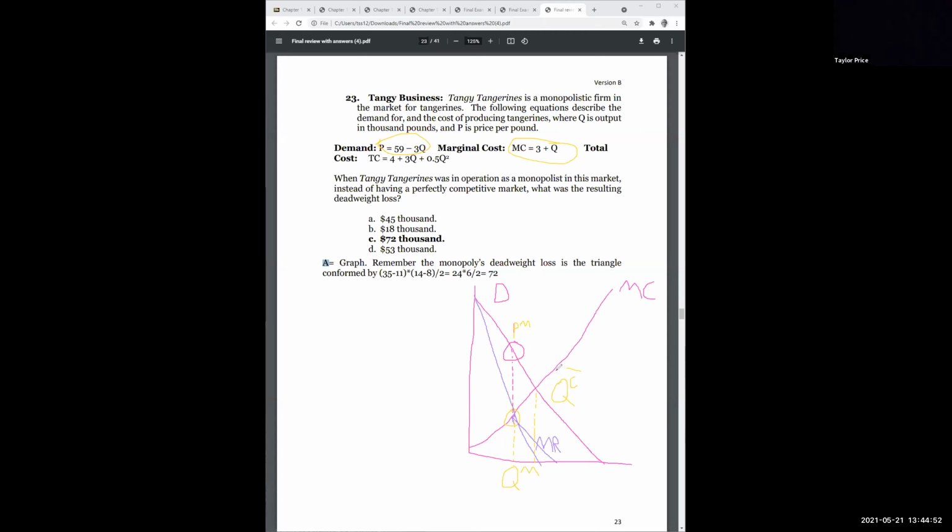In this one here, and I think this one is the least intuitive, you can just get by putting marginal cost and demand, setting them equal to one another and just finding the quantity.